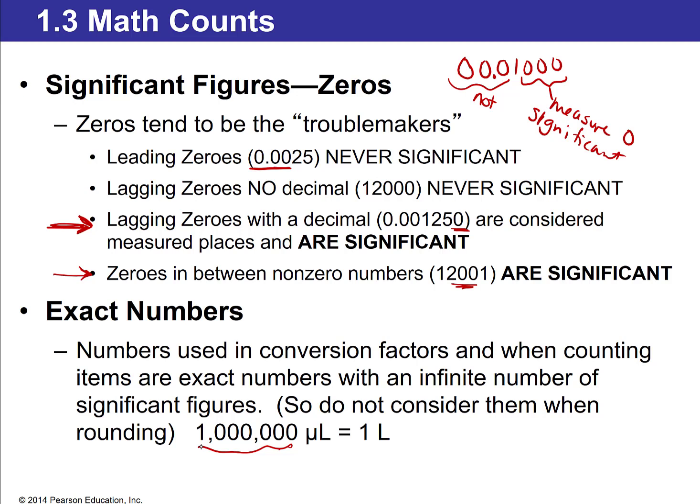That million is an exact number, not a measured number. But if I start off with 24.2 liters, that's a measured number. If I convert it to milliliters, I only consider my measured number when I do rounding. I don't consider the unit conversion numbers. We'll practice that in a minute.